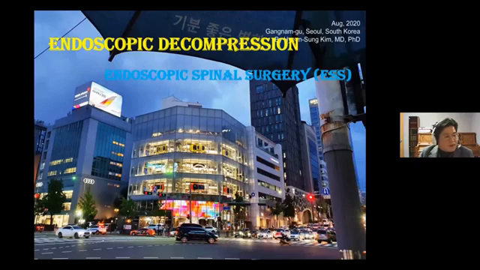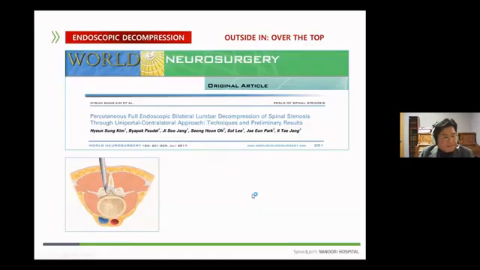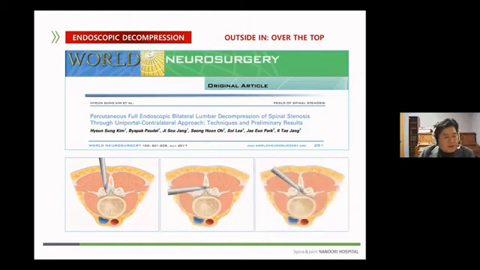Now let's talk about endoscopic decompressive surgery. With the development of surgical instruments, endoscopic spine surgery, which had remained at endoscopic discectomy, became able to perform endoscopic decompression. And now most spine pathology requiring decompression by using this over-the-top outside-in approach can be resolved through endoscopic spine surgery.